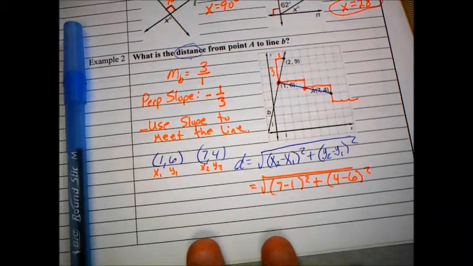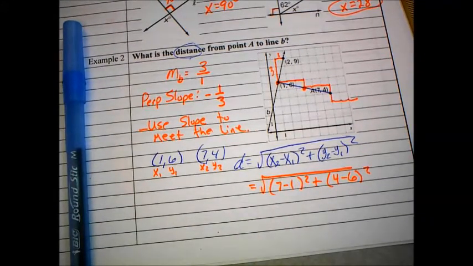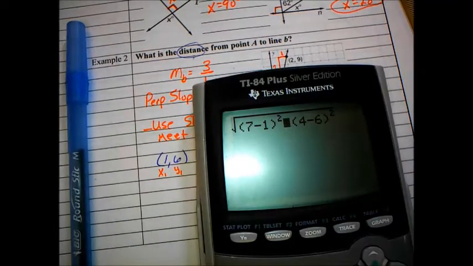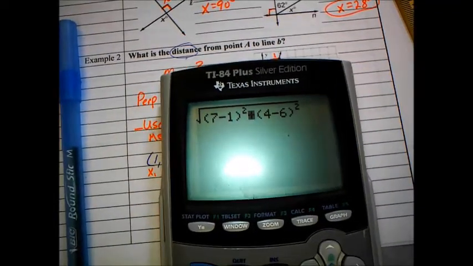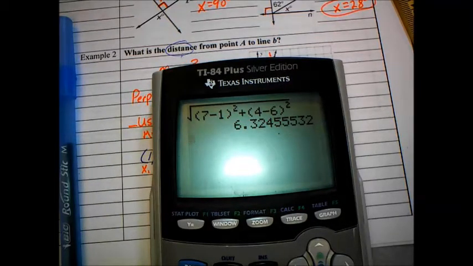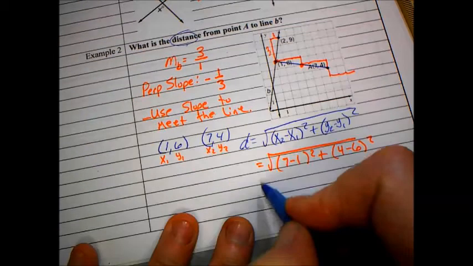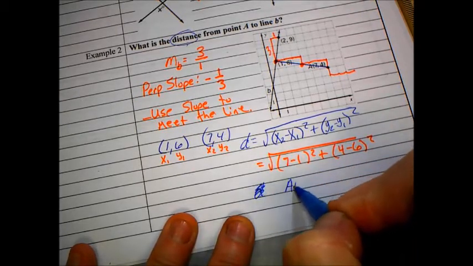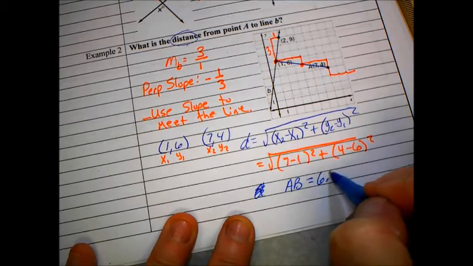Let me grab my calculator and type it in. Oops, I gotta make that a square button so that I have it typed into my calculator. If I push enter, I get 6.3. So the distance, let me just put AB equals 6.3.